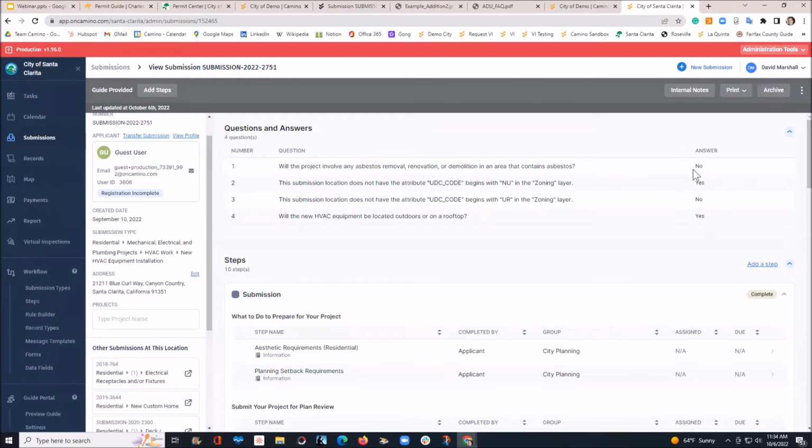So again, someone says, well, no one told me about tree permits that I had to apply for. You could go back to the guide and say, well, when we asked you if you had trees on or near the site, you answered no. And that's why we didn't tell you about a tree permit. So you have that fallback there as well.